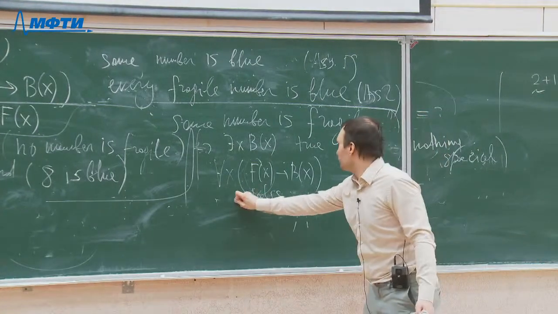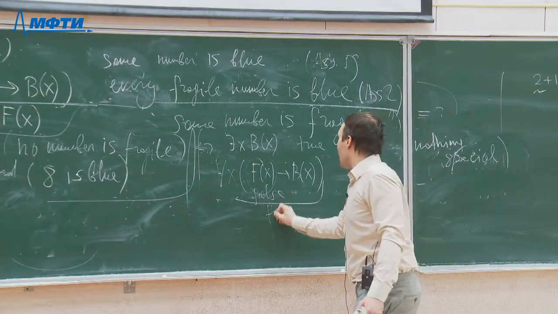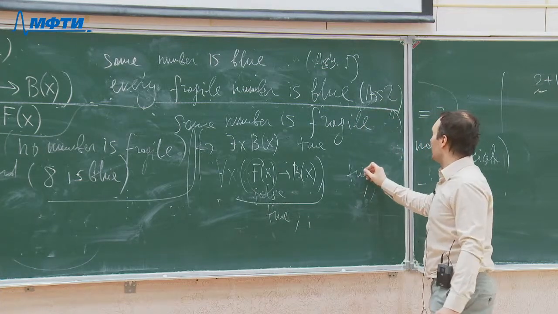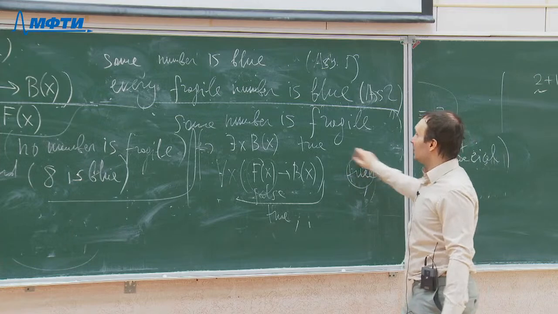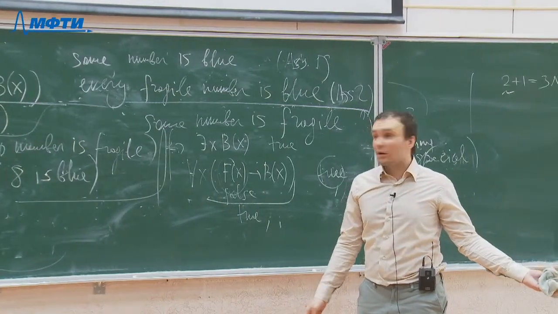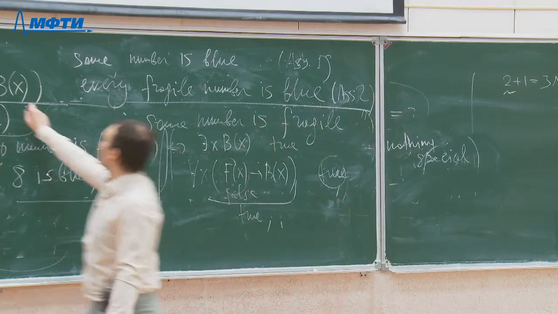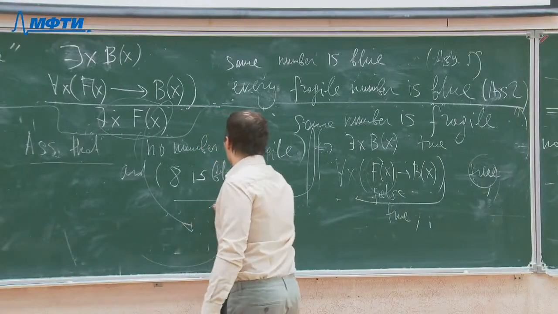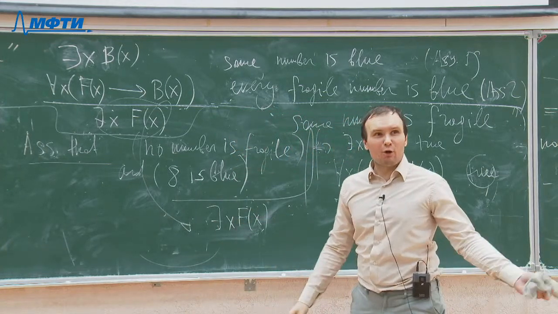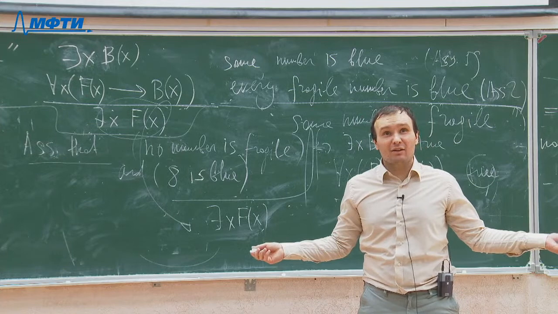From falsity, everything follows. So our implication is true for whatever x. So both assumptions are true. But what about our conclusion? Is it true or false, in the world where no number is fragile?